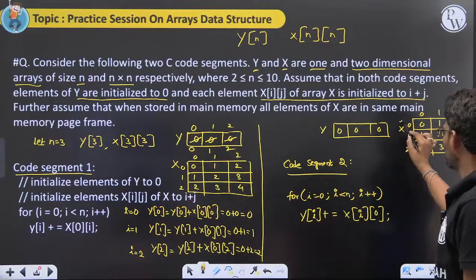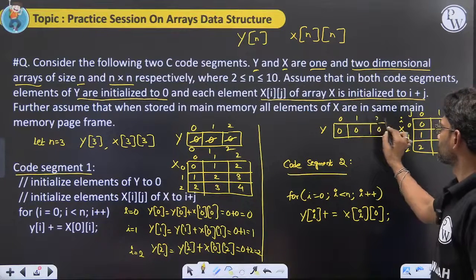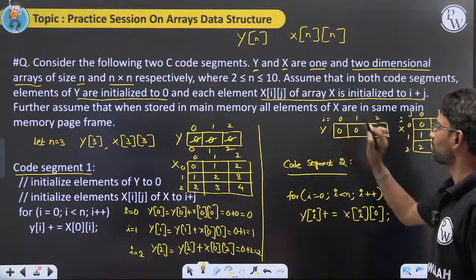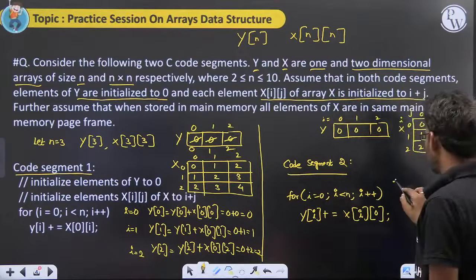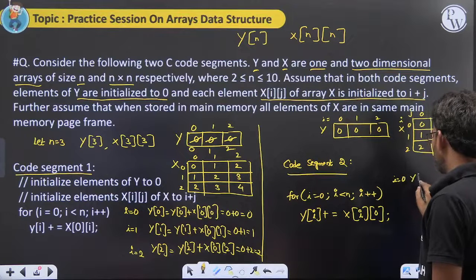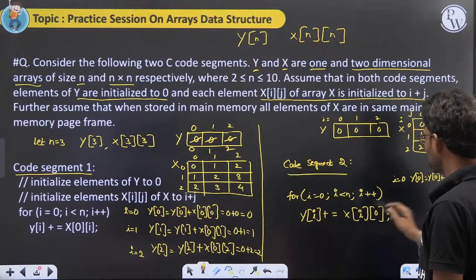This is I, this is j, right? This is I for Y. Now, if you execute this, when I is equal to 0, y of 0 equal to y of 0 plus x of 0, 0.